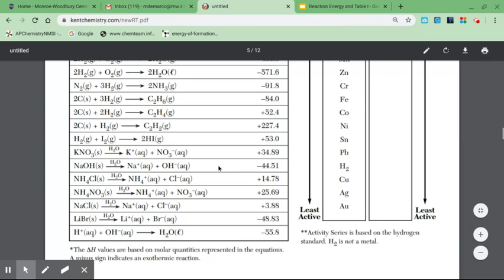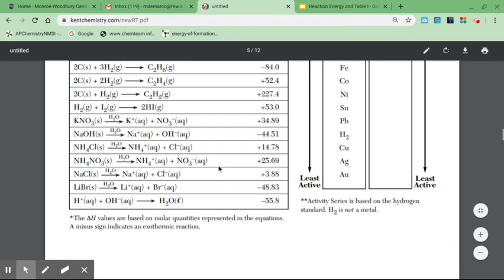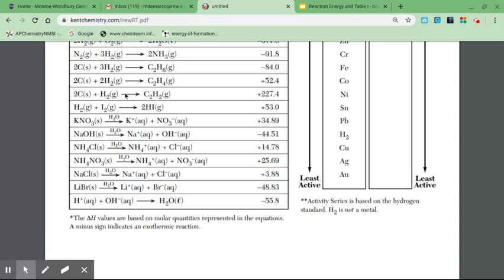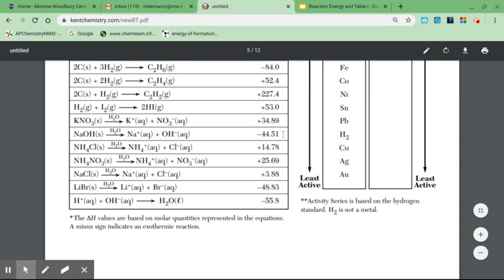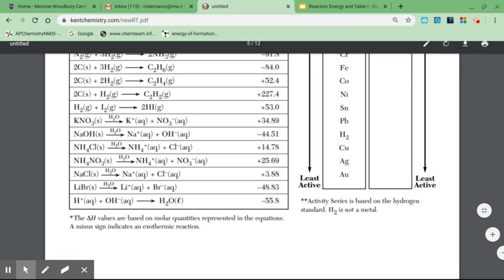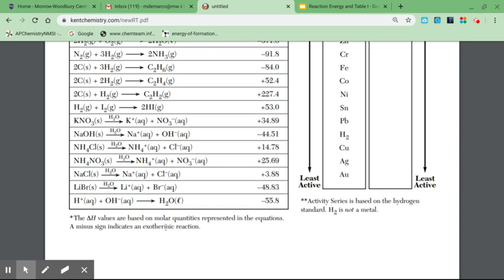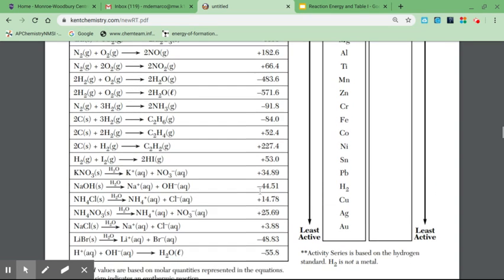And on the bottom of Table I, it says that these delta H values are based on molar quantities. So coefficient-wise, these are balanced already, but when the numbers change, the energy is going to change. We'll see that later on. And it tells me anything that's minus is going to be exothermic. And notice we have our delta H values here.